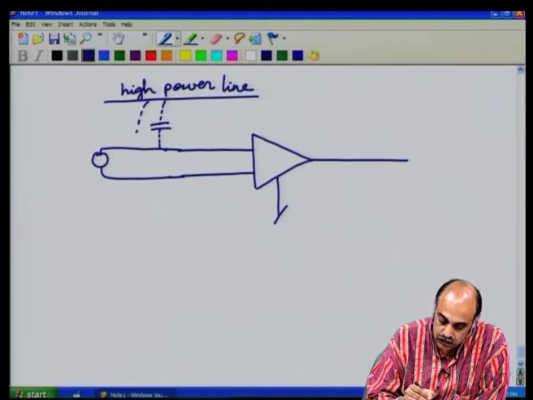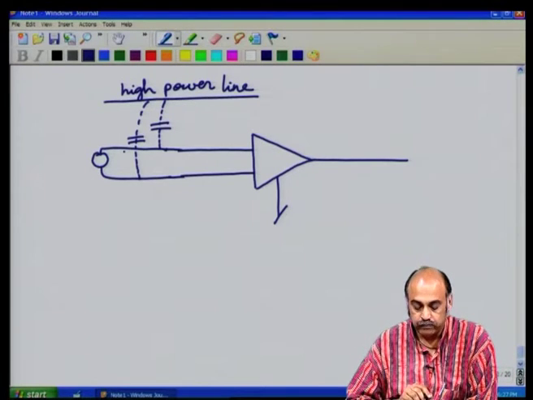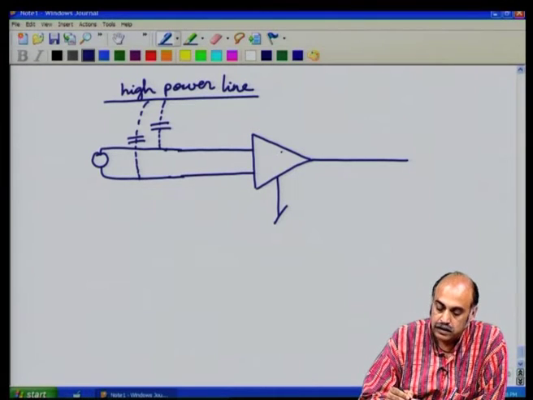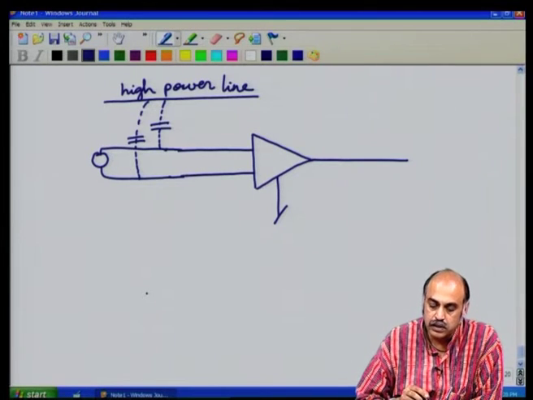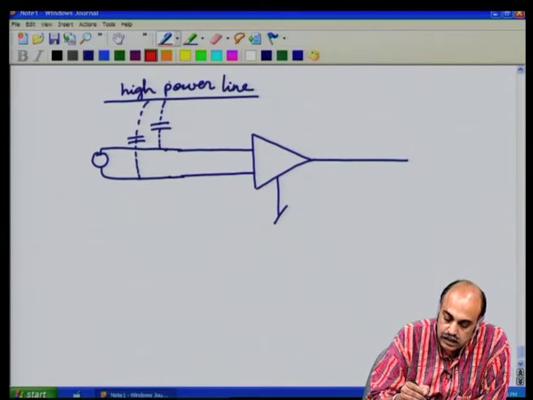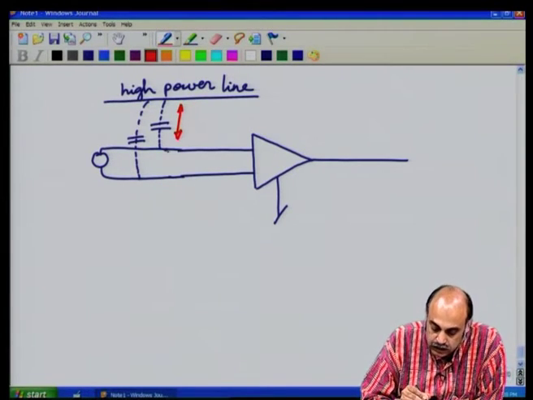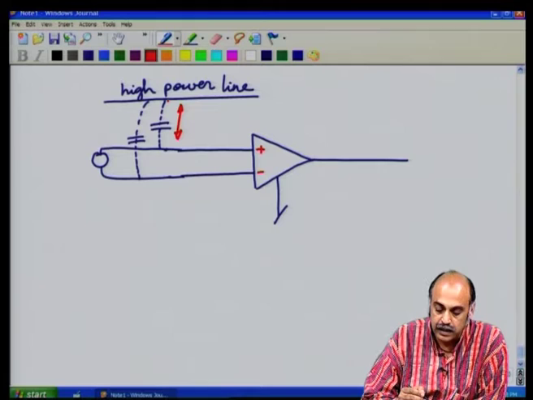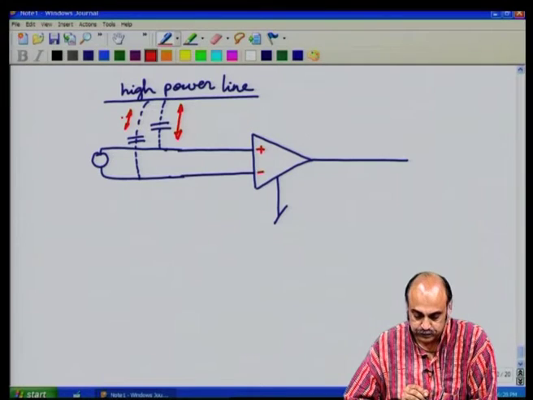From this track to this track you could have one more capacitive coupling. Now, if these two capacitive couplings are different, that could give rise to different signals here and deteriorate the performance of the output. So it is important to increase the impedance of this line, the positive line, and the negative line to any external line, to be as high as possible.